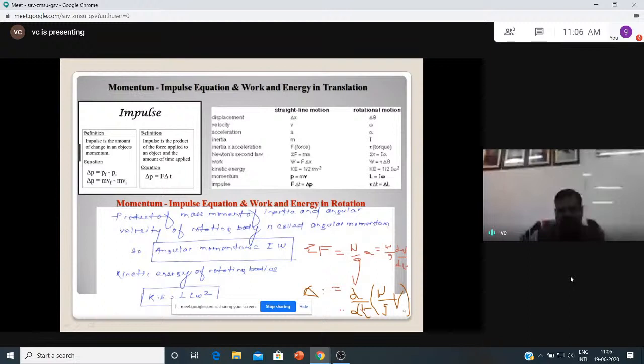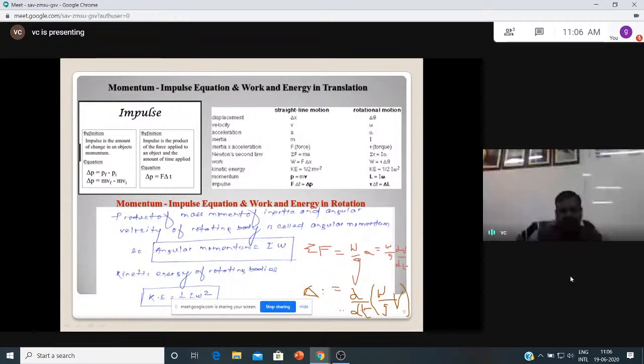That's how we will represent the body and solve the problems, with delta P equal to F dt.